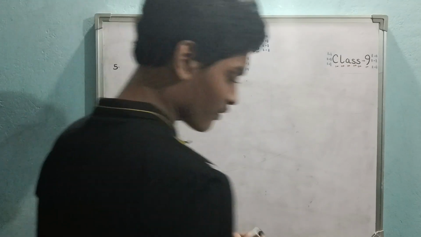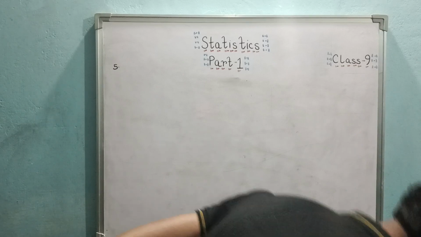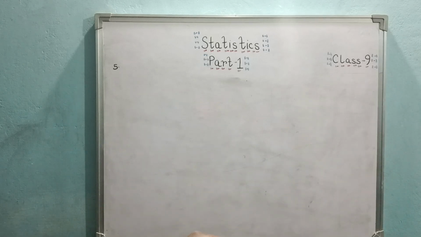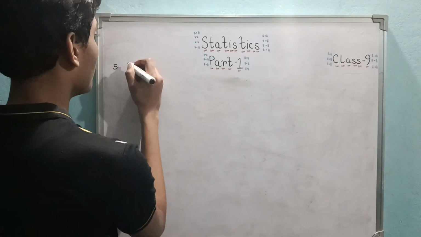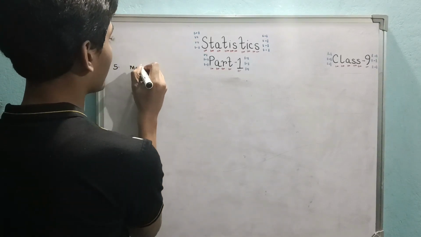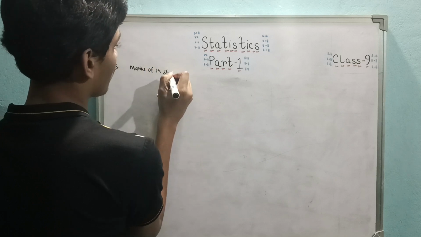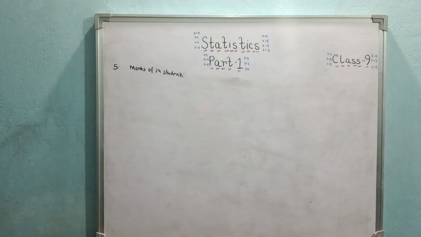We did 4 continuous discrete sums. Now question 5. Here 24 students of your class gave an exam. Their marks are given to me. Marks of 24 students: 45, 48, 15, 23, 30.